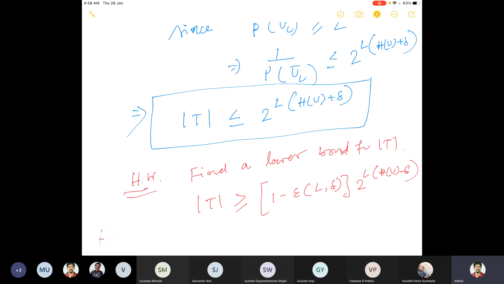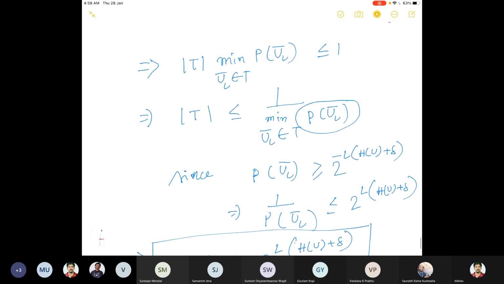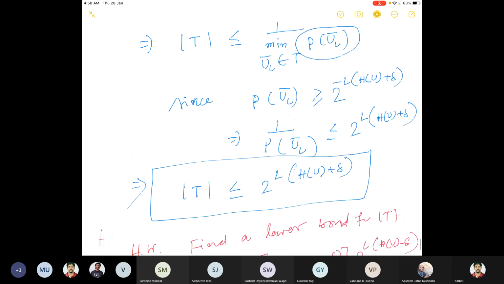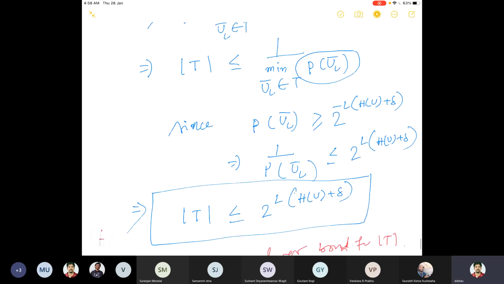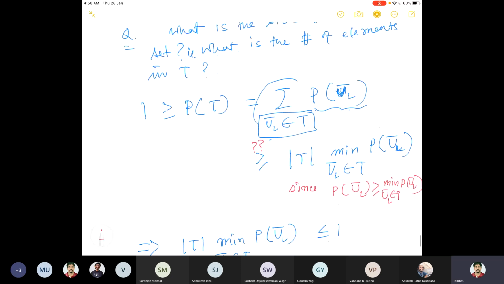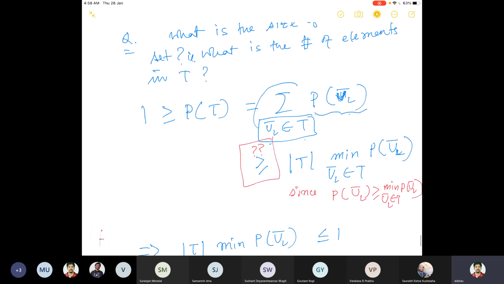I'll give you a hint also. So can anybody tell me how to find this lower bound? How did I find the upper bound? See, using this is a crucial step here. How can I find the lower bound?